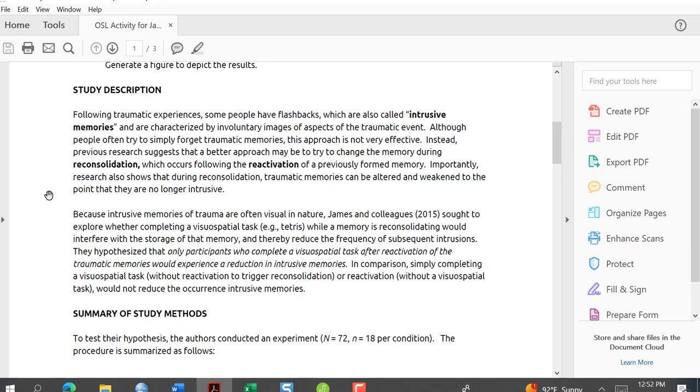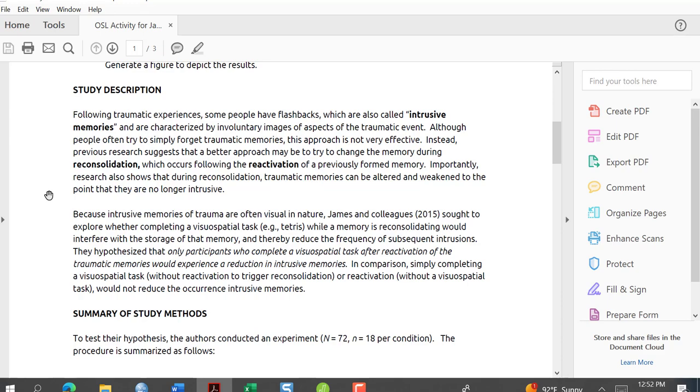So they hypothesized that only participants who complete a visual spatial task after reactivation of the traumatic memories would experience a reduction in the intrusive memories.